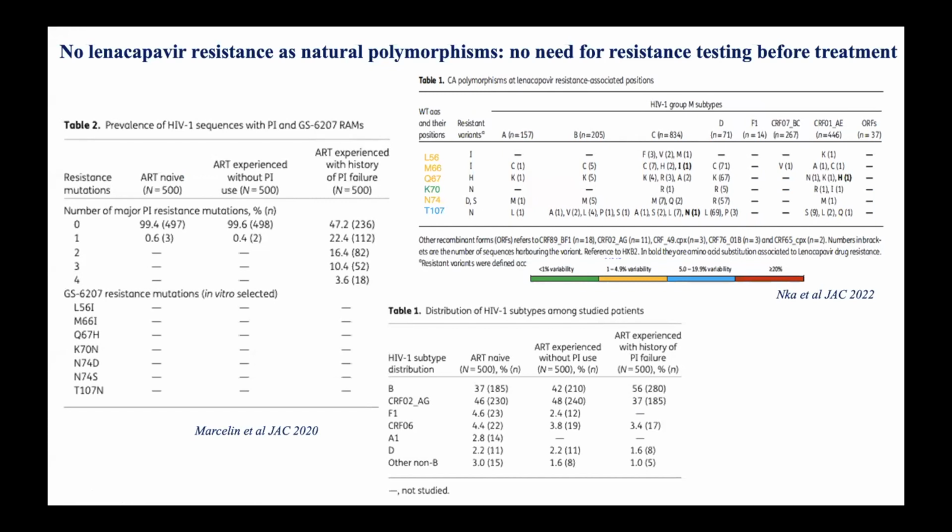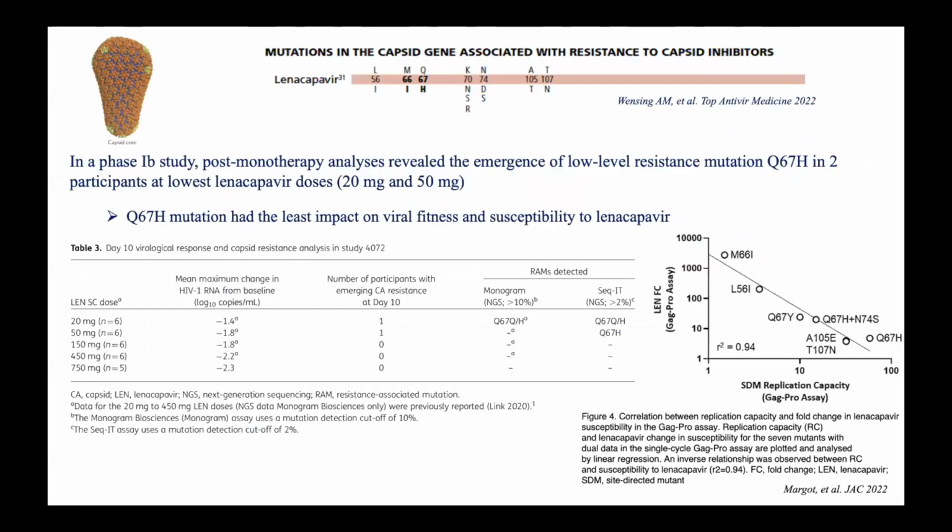You see that according to the different subtypes there are some polymorphisms, but resistance is very rare, less than 0.1%, in naive patients who have not been treated.